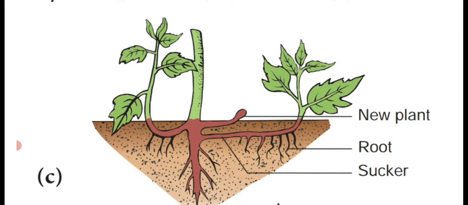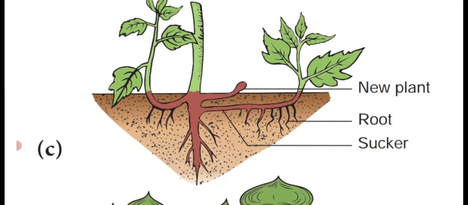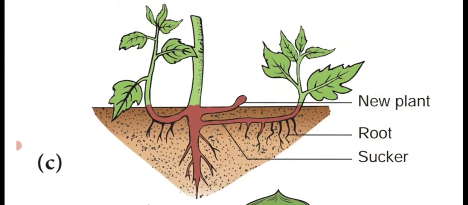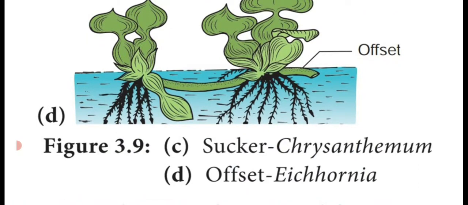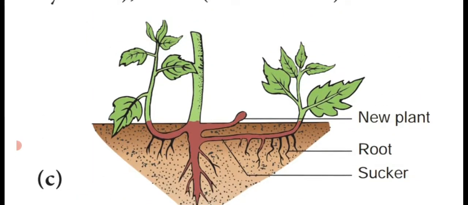So that plant afterwards gives rise to a new individual, that is known as sucker, an example of subaerial modification. So this plant known as chrysanthemum is an example of sucker, that means samandipu.